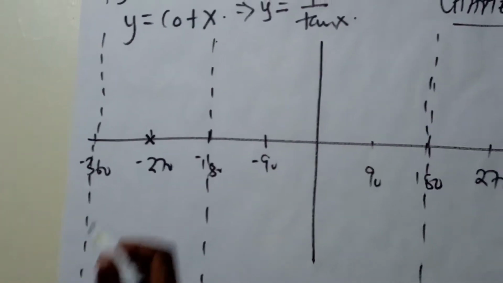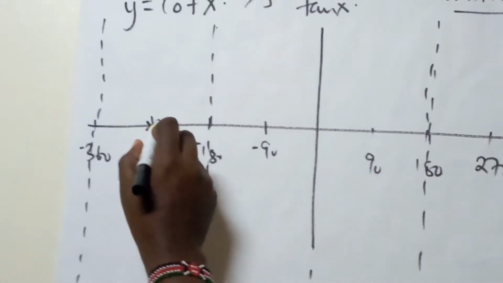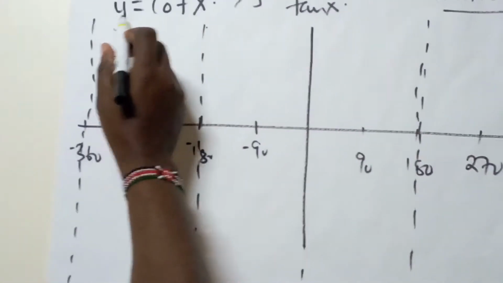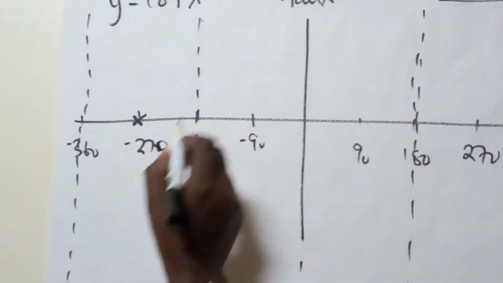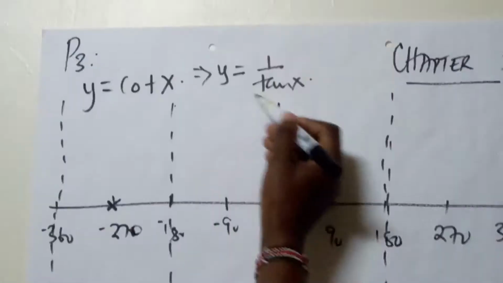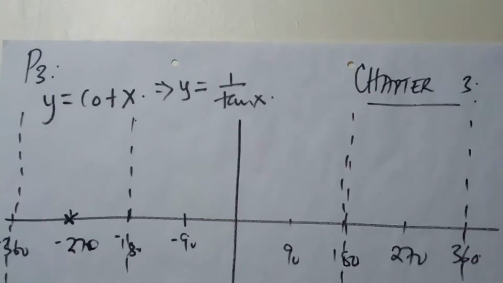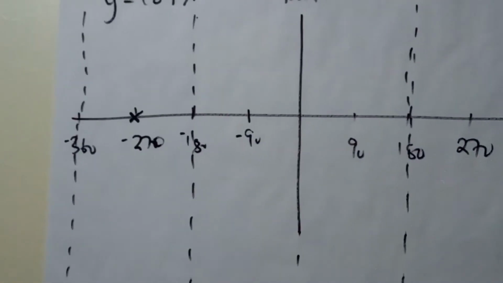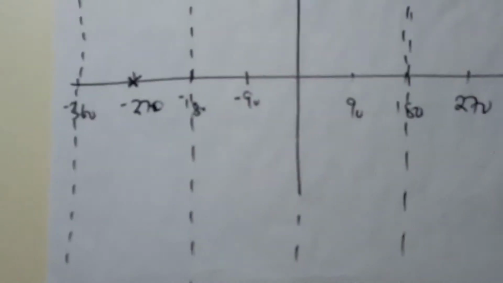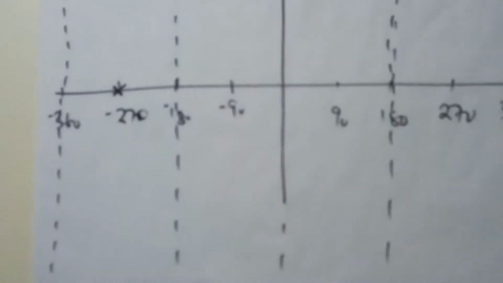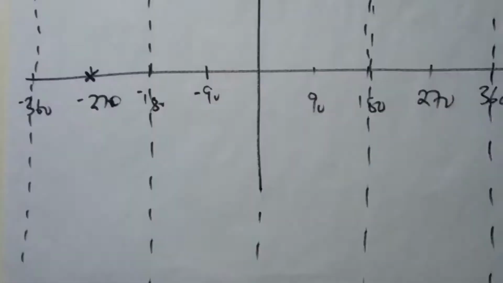So we're going to have y is equal to cot x, when x is negative 270, 1 over a very, very big number, 1 divided by infinity, of course, that is approaching 0, so that we have something. But it is this particular point that we must take care of. What about negative 181?